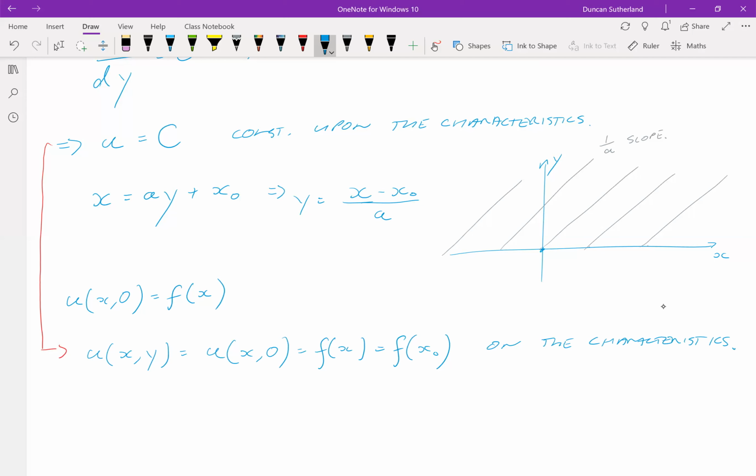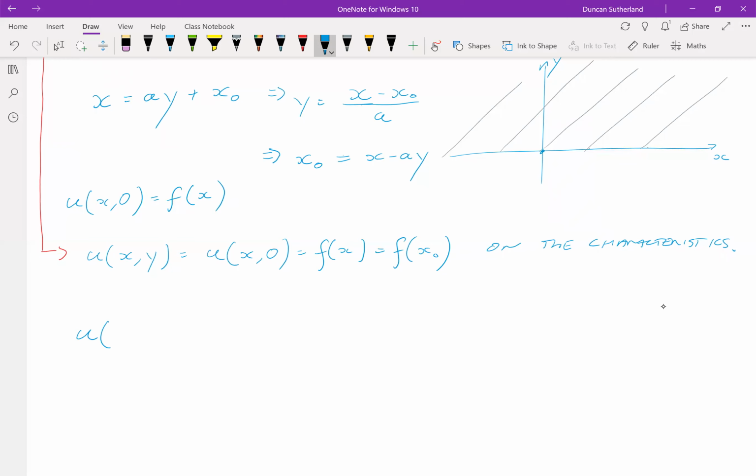What we do know is that all the characteristics are defined by their starting point x naught. We know x naught as a function of x and y. So to get off this characteristic, we just want to substitute for x naught, because that defines our characteristic.